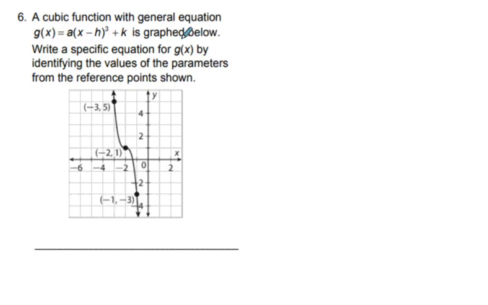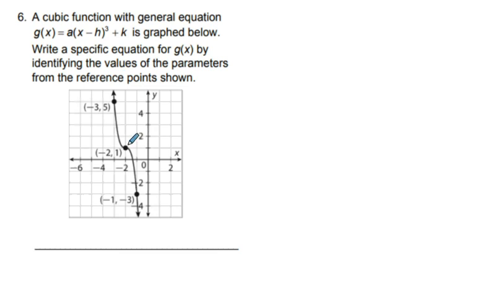Okay. 6, a cubic function with general equation g of x equals a times quantity x minus h cubed plus k is graphed below. Write a specific equation for g of x by identifying the values of parameters from the reference points shown.